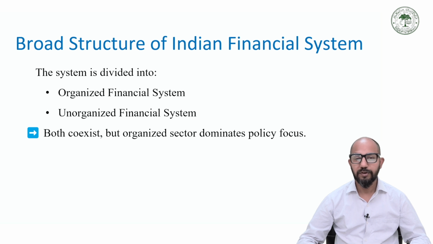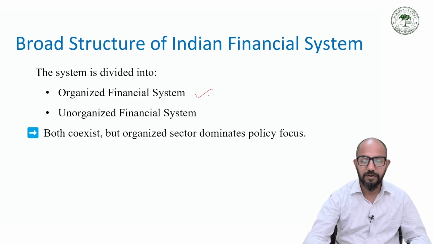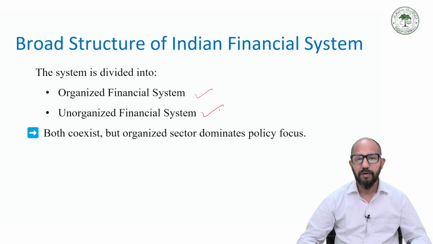The Indian financial system is divided into two types. First, the organized financial system, and another, the unorganized financial system. The organized financial system is one where everything is formal in nature, everything is on record. The data is collected for each and every entity.